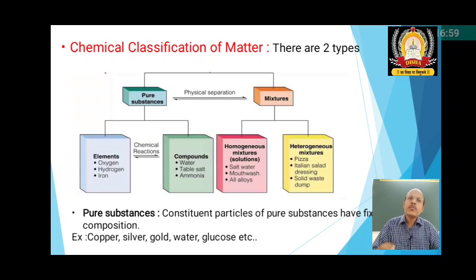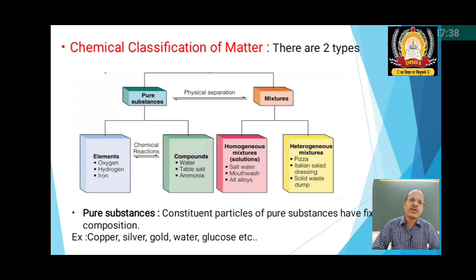Pure substances. Constituent particles of a pure substance have a fixed composition. That means they are made up of only one kind of atoms or molecules, and particularly if you take molecules, they maintain a definite and fixed composition.